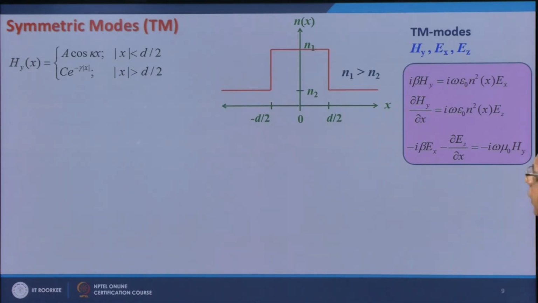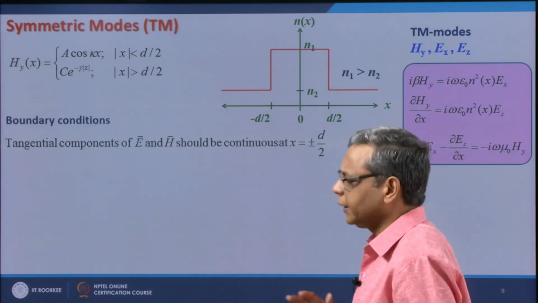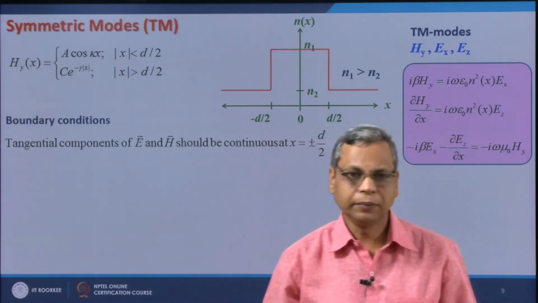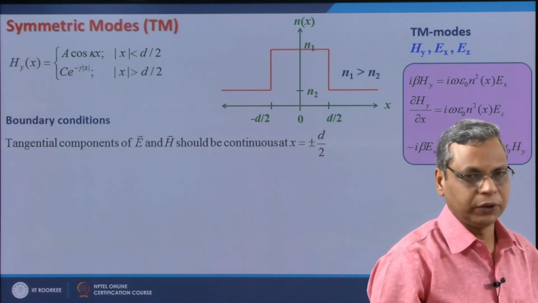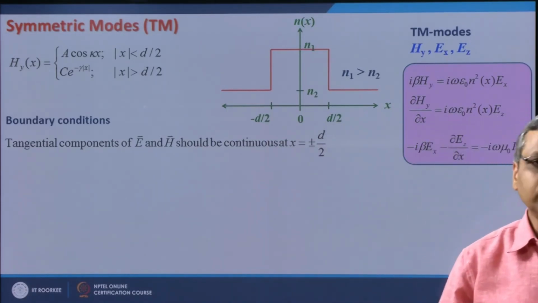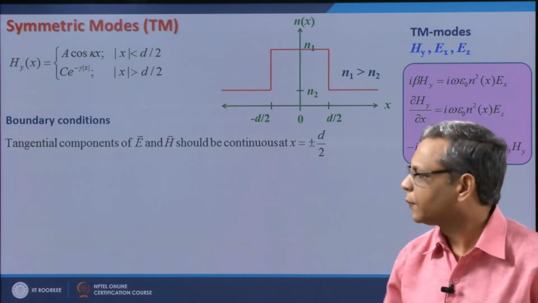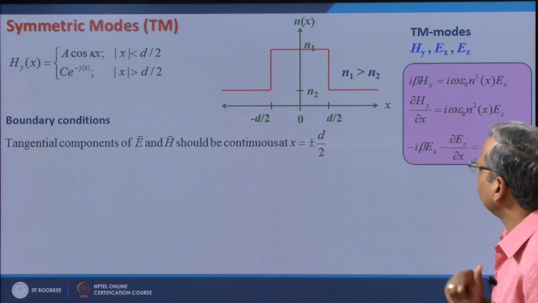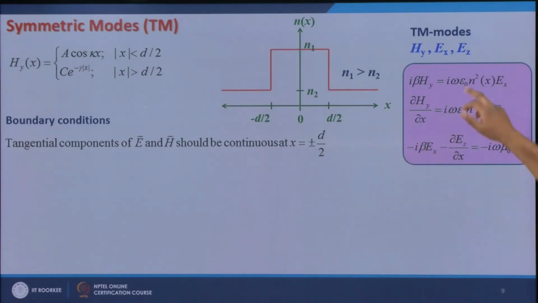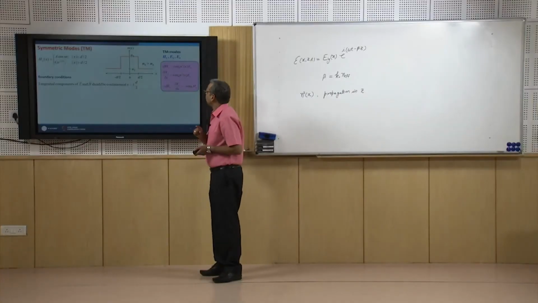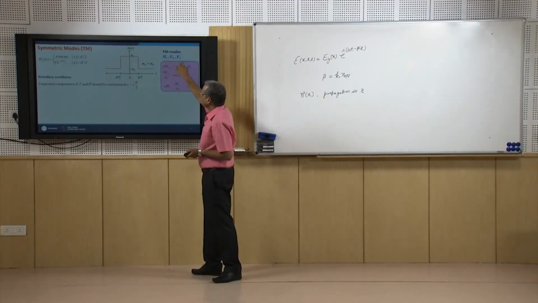And what are the boundary conditions? The boundary conditions are again the same. The tangential components of E and H should be continuous at x is equal to plus minus d by 2. What are the tangential components here? Well, if I look at TM modes, the non-vanishing field components are Hy, Ex and Ez. So, the components which are tangential to the x is equal to plus minus d by 2 planes are Hy and Ez.